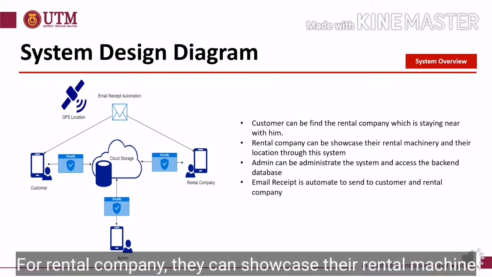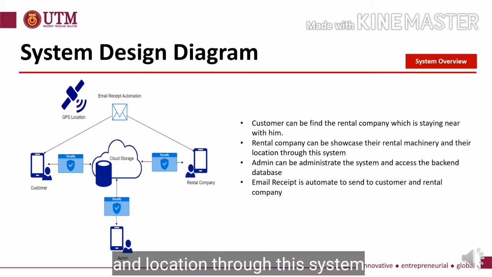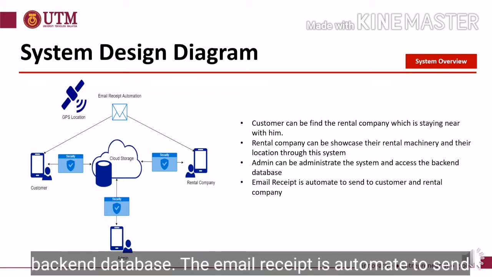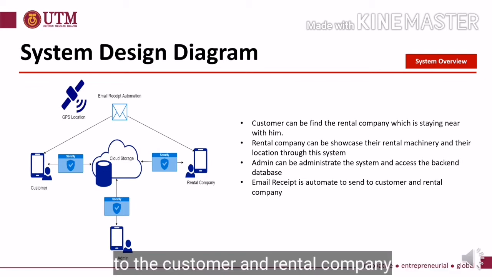The renting company can showcase their renting machinery and their locations through this application. An admin can administrate the system and access the backend data. The email receipt is automatically sent to the customer and renting company.